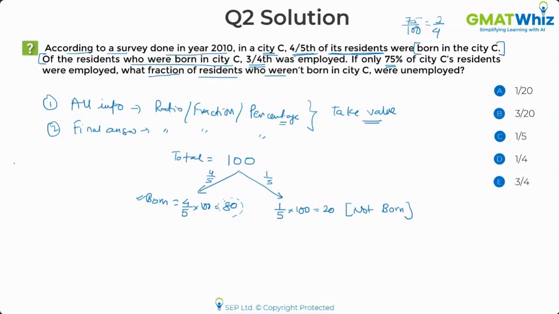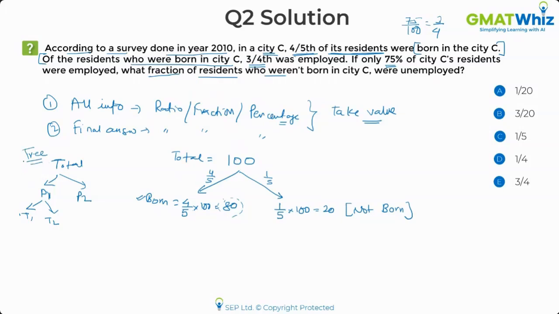Now, in the exam, whenever you see a structure like this, say there's some total which is divided into two parts, part one and part two, and either of these parts are further segregated into two more parts, that's an indication that it's best to draw a tree structure and solve the question. Some people ask me when to use a tree structure.